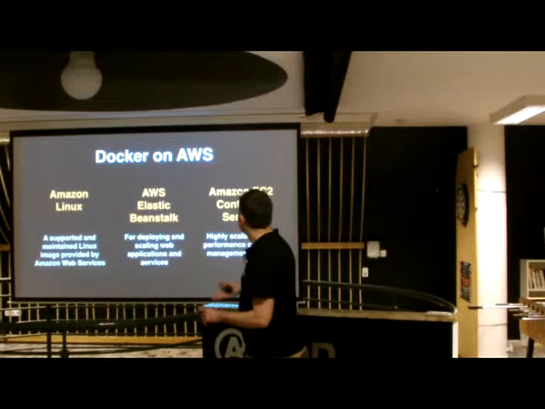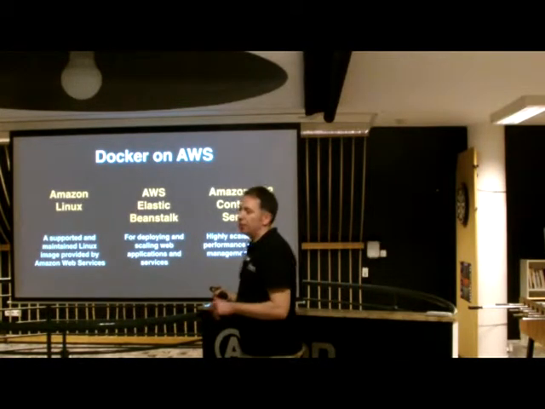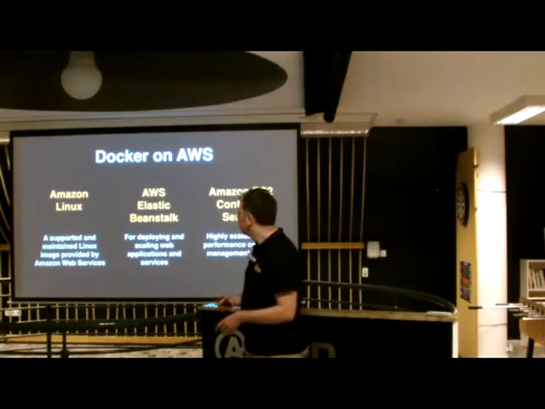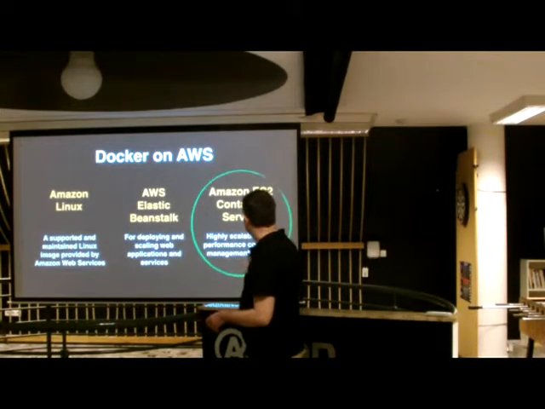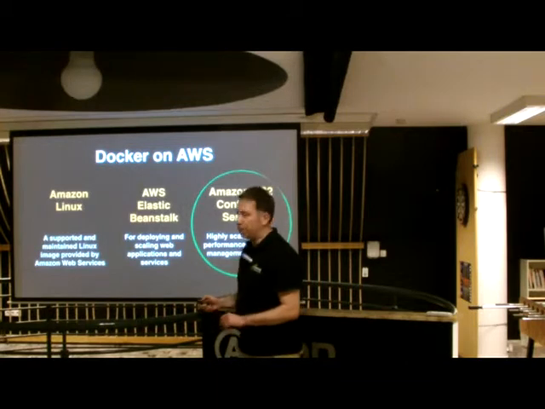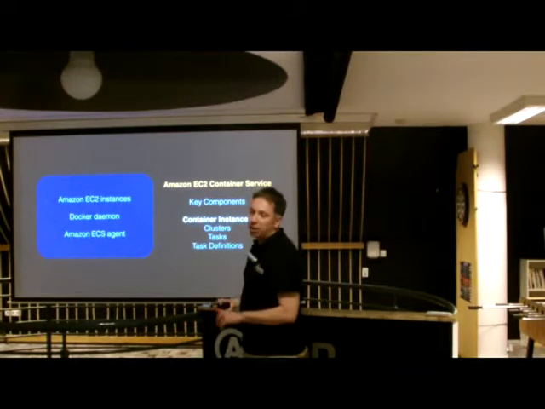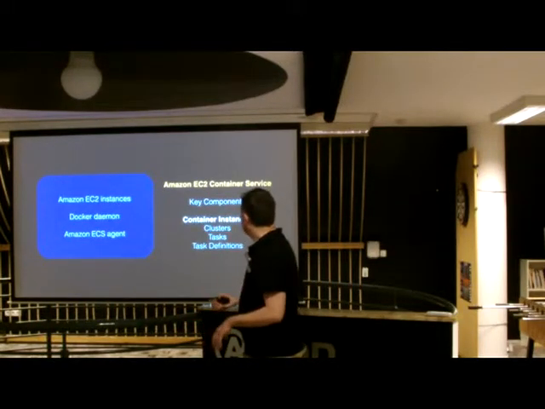What we announced last year in November, on the same day, if I'm not wrong, as AWS Lambda, is Amazon EC2 Container Service. This is a new service that allows you to manage containers at scale. What does it mean? This is what we will use in the demo today. With EC2 Container Service, you have four main components. First, container instances.